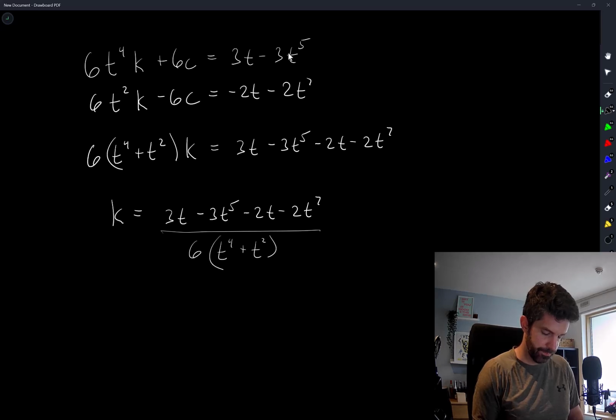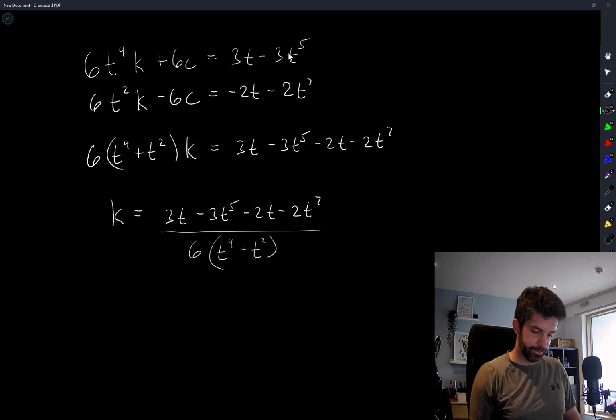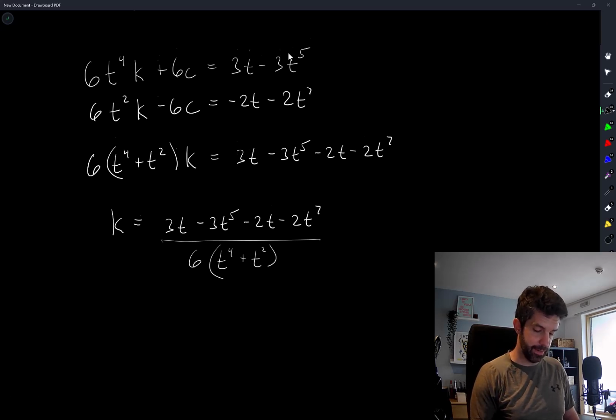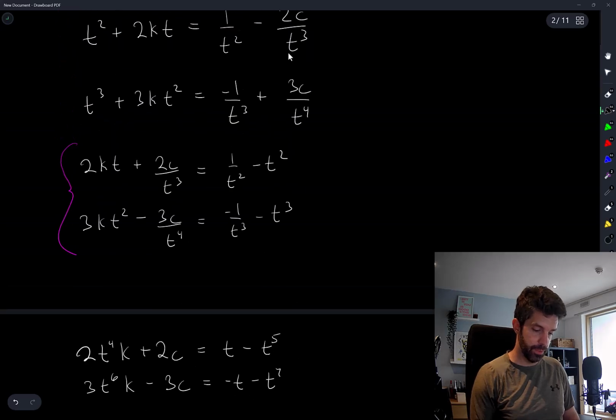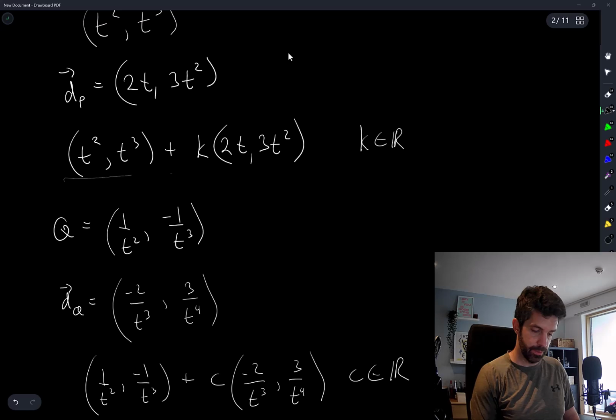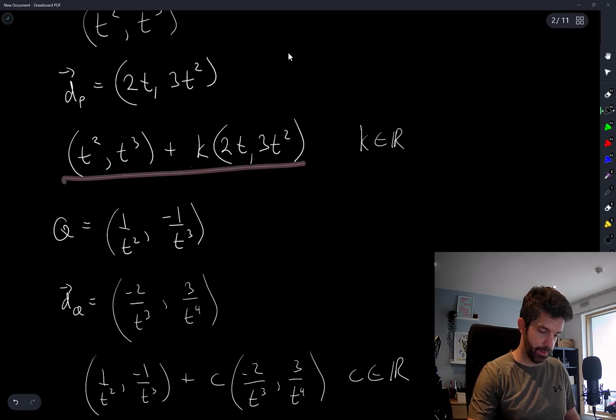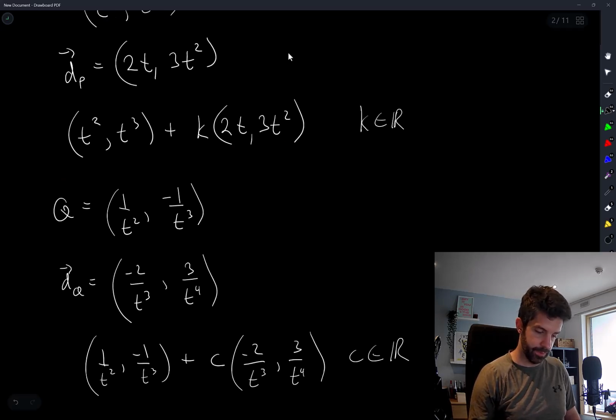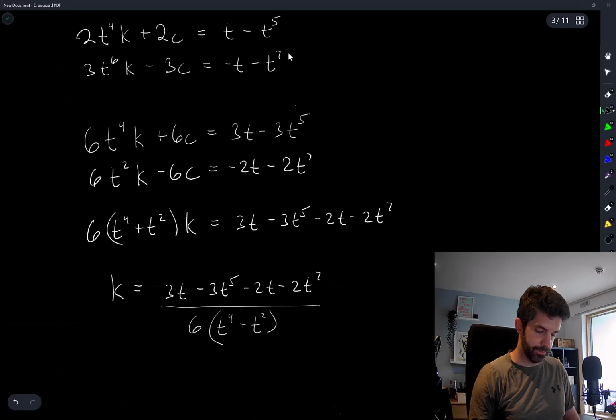This is a mess. So that's the value of k, and now I can just substitute k into this equation to get the point corresponding to the intersection.